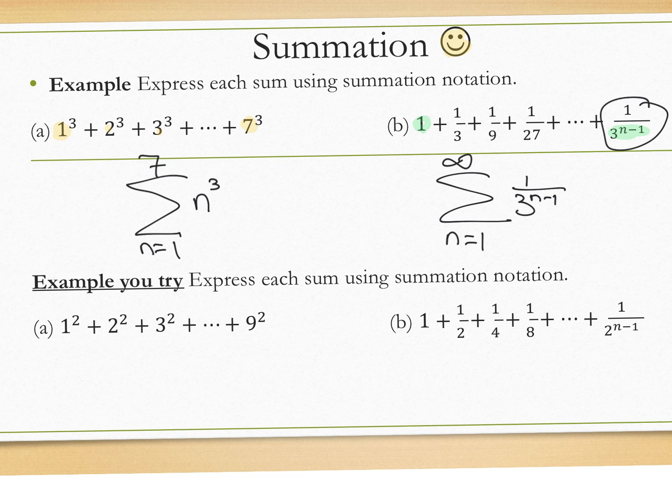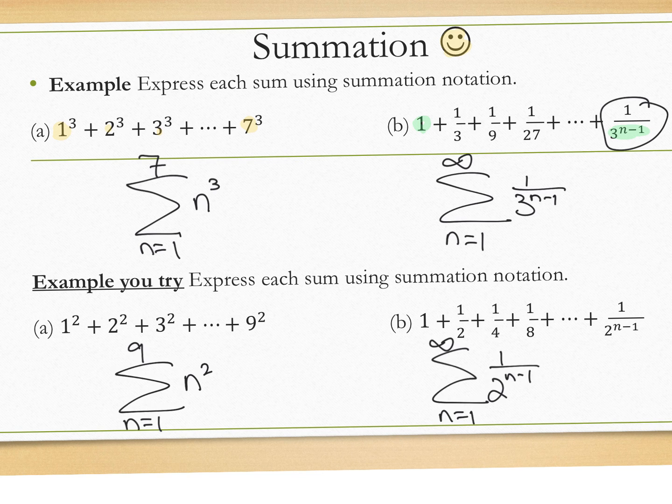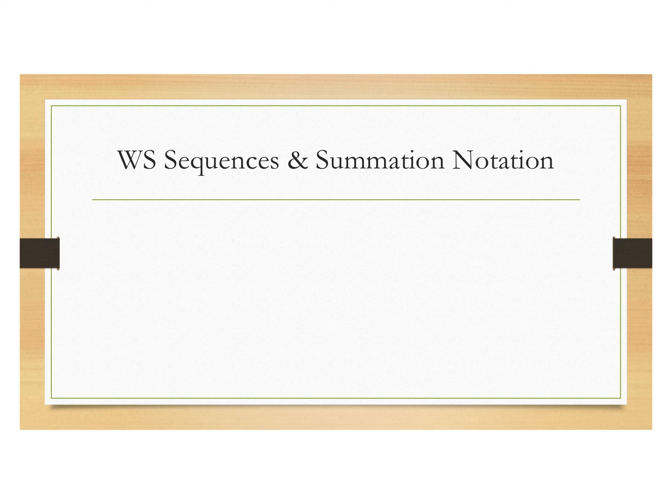And that's it. And now you have 2 to try. Hopefully you found for letter A, you start at 1, stop at 9, and your sequence is n squared. And for letter B, you start at 1, stop at infinity, and your sequence is 1 over 2 to the n minus 1 power. Yay, it's time to do practice.